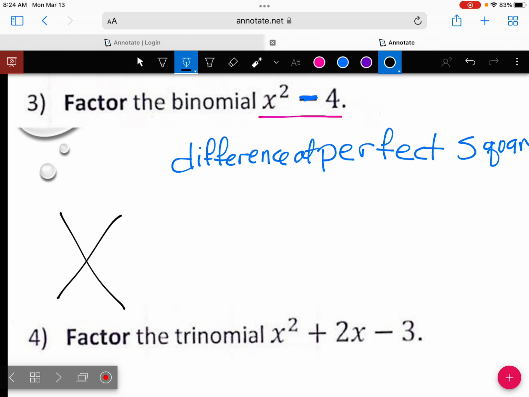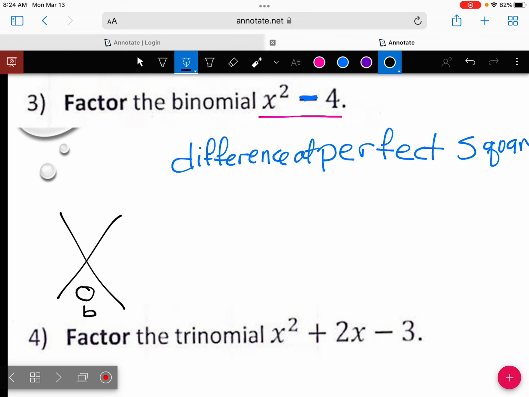The thing I'm going to ask us is: this piece, A, B, or C? A. Is this piece A, B, or C? C. What's our B? 0. So our B that goes on the bottom is going to be 0.